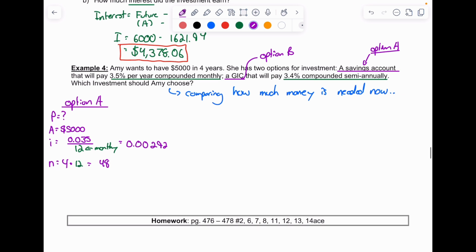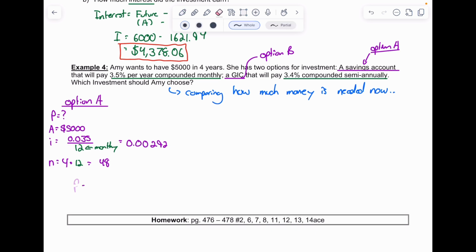So let's do our math for option A. In this case, your P is equal to $5,000 all over 1 plus 0.00292 all to the power of 48.